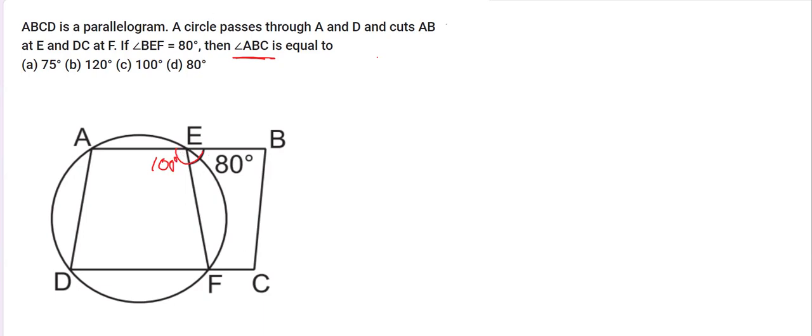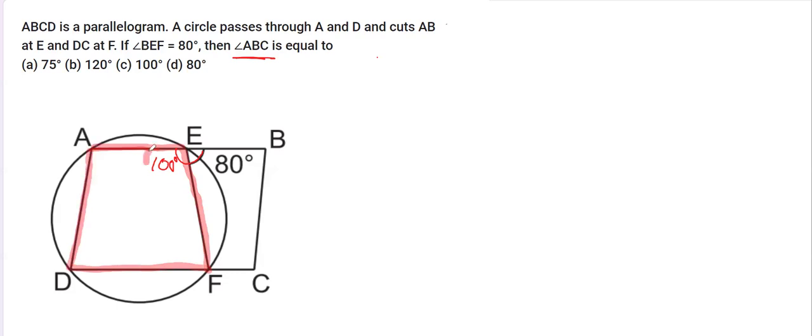Now check for this. This is a cyclic quadrilateral. I am drawing once again the cyclic quadrilateral. Why should I say it's a cyclic quadrilateral? Because all its 4 vertices are on the circle.